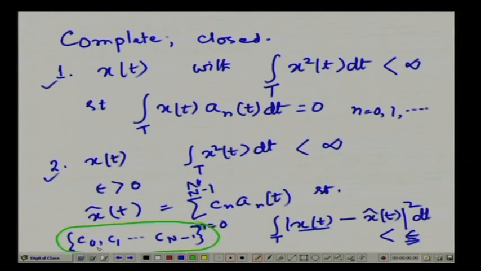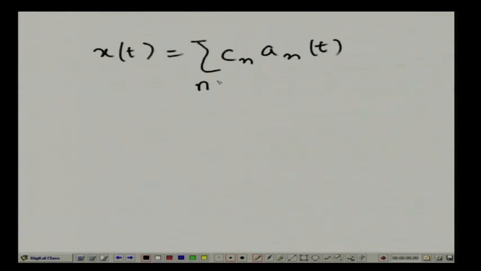So, from this discussion, what we have seen is that an arbitrary continuous signal x(t) can be represented by the series summation of a set of orthogonal basis functions, and this series expansion is given as x(t) equal to the sum of C_n a_n(t), where n varies from 0 to infinity if I go for infinite expansion, or this can also be represented, as we have seen, by a finite series expansion.